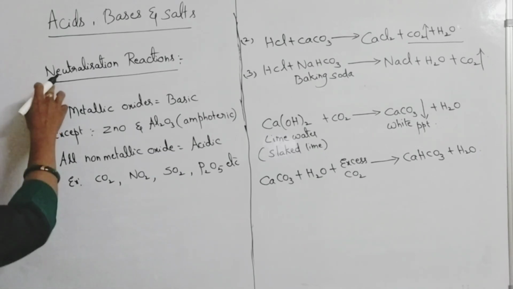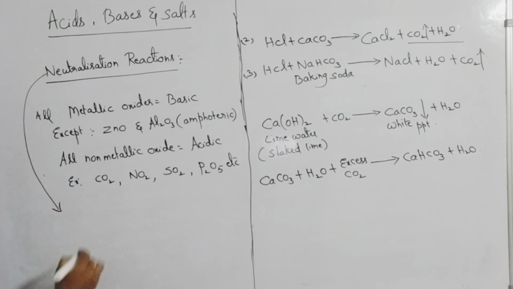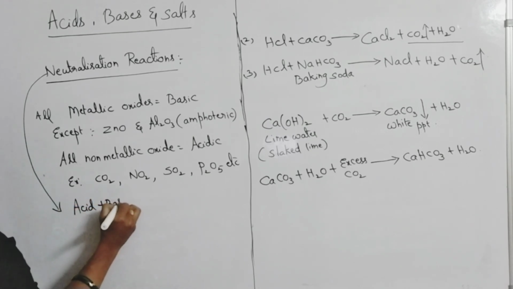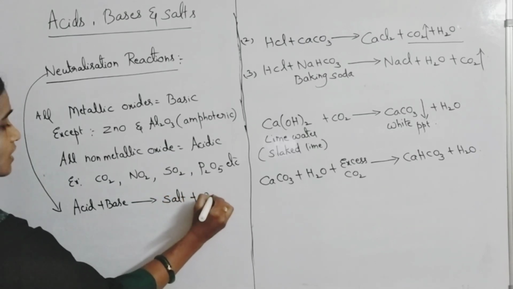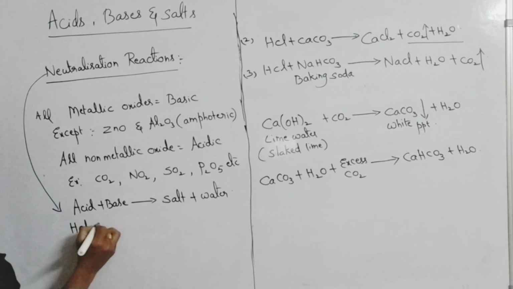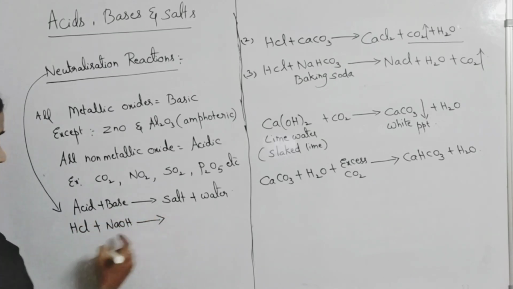Let us come back to neutralization reactions. Acid plus base gives rise to salt plus water. Such reactions are called neutralization reactions. The best example of an acid is HCl and of a base is NaOH.